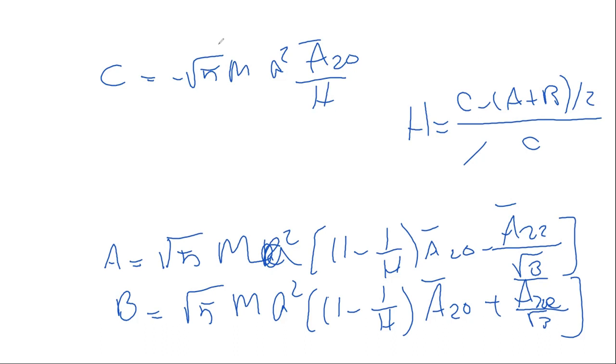So you can connect the relation and compute the dynamic flattening from the gravity and put it here to get C. And when you have the dynamic flattening, you can put it in here to get A and B.